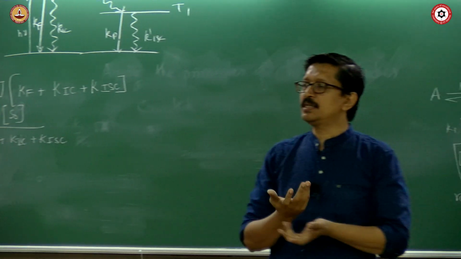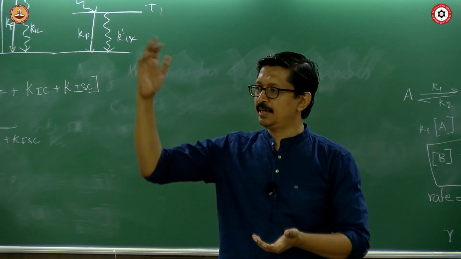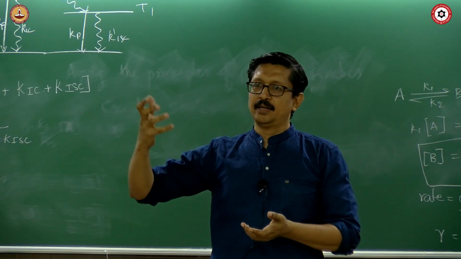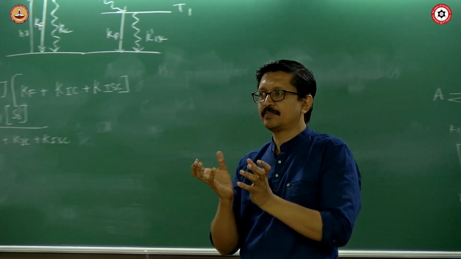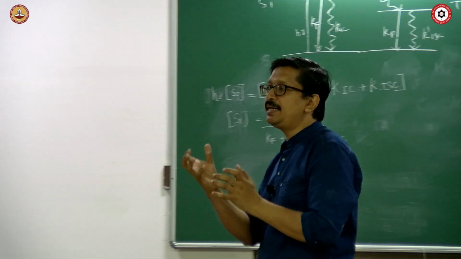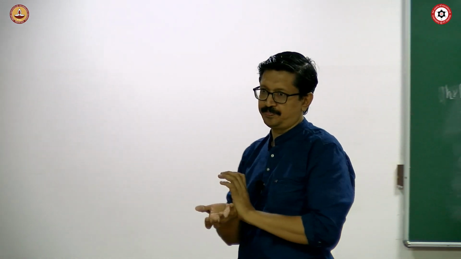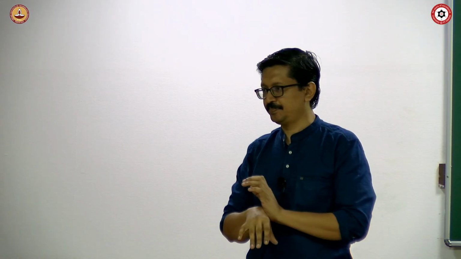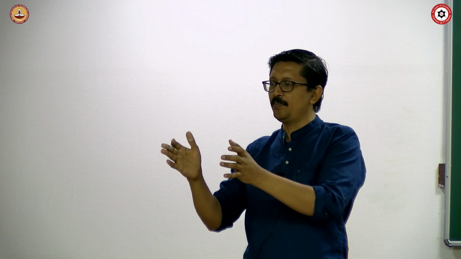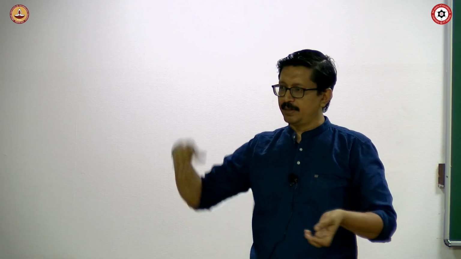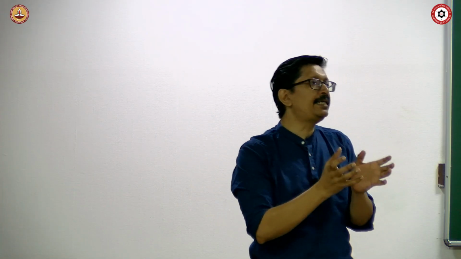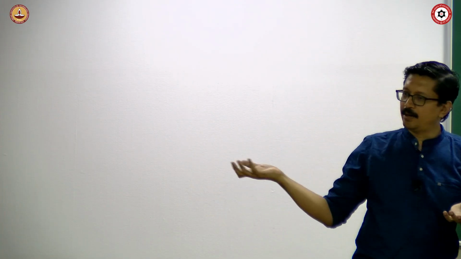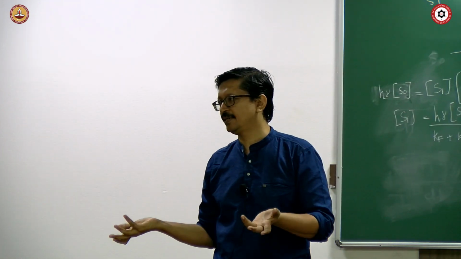Concentration is not affecting the rate of the process. Why is it concentration independent? Any light absorption depends upon how much intensity of the light is absorbed by the molecules. That is the rate limiting step. So if I take 1 millimole, 1 mole, or 1 kilogram, but the amount of light absorbed is the same, varying concentration doesn't affect the rate of the process.